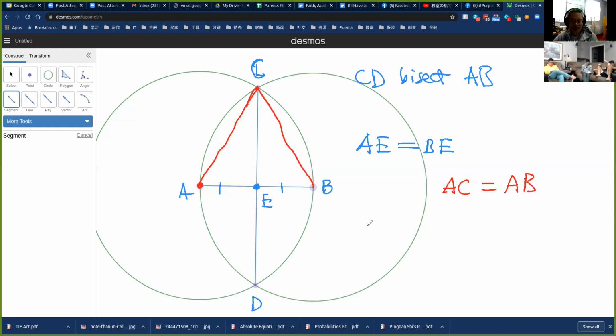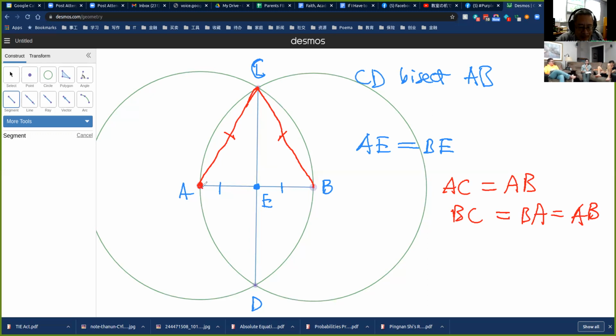And so we know BC is congruent to BA, which is the same as AB. So therefore this and that are congruent.